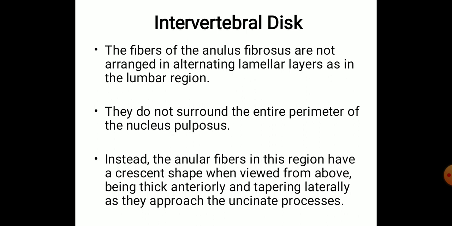But in the cervical region, it is not exactly like that. They do not surround the entire perimeter of the nucleus pulposus. Instead, the annulus fibers have a crescent shape when viewed from above, being thick anteriorly and tapering laterally as they approach the uncinate process.